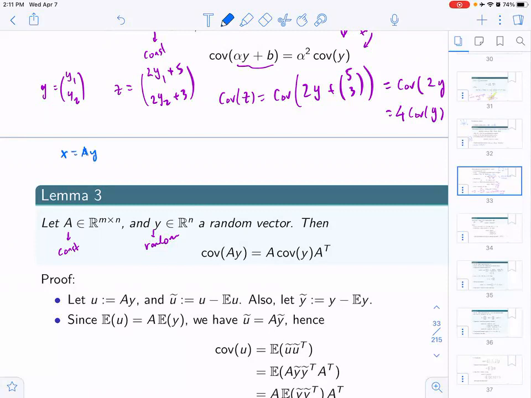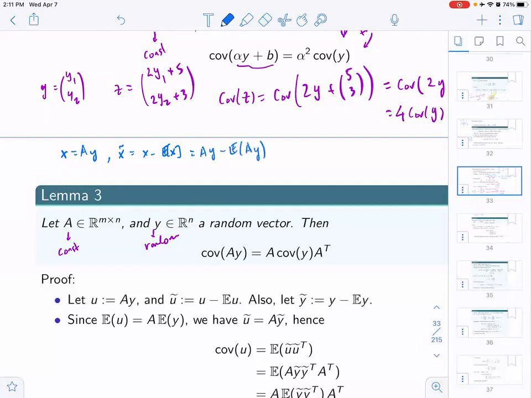The X tilde, X minus the expectation of X. Which is, X equals AY. So X tilde is going to be AY minus the expectation of AY.